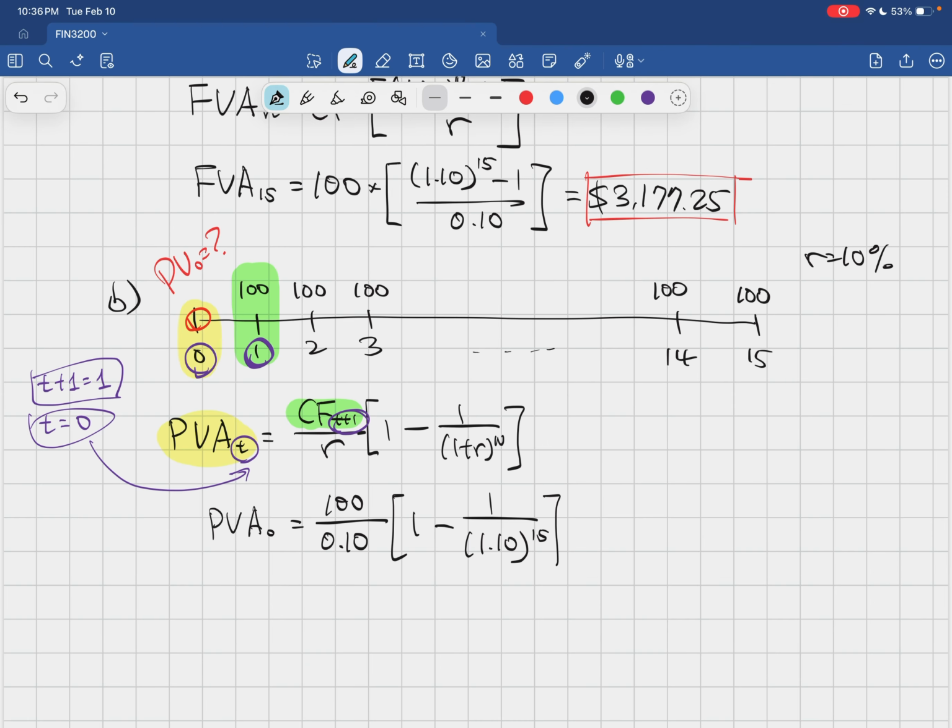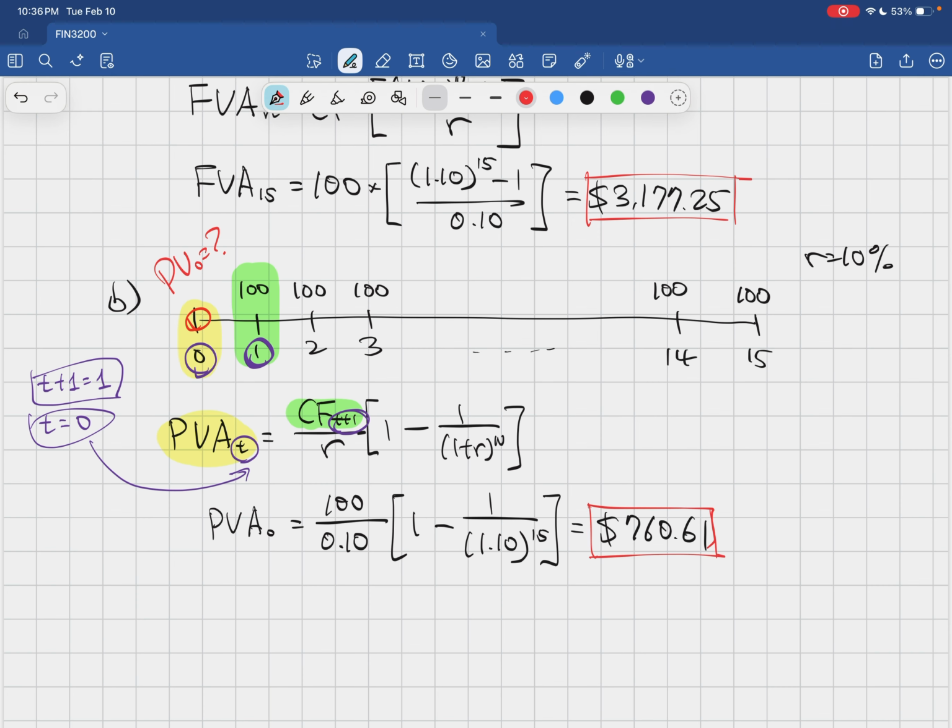Just like before, N is 15. This is a 15-year annuity whose contract was signed in time 0. So this gives us 760.61.